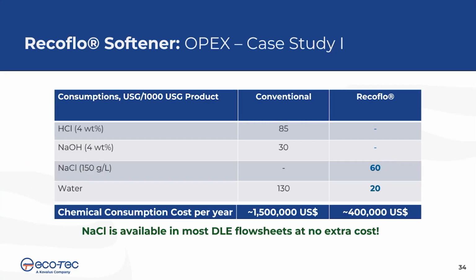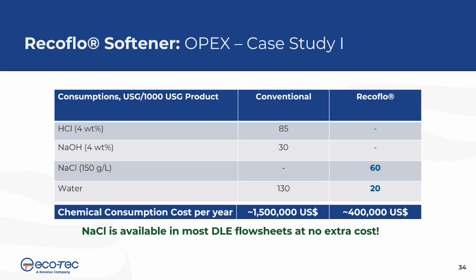Here are two examples of consumption and cost cases. In these two cases, all chemical requirements are normalized per 1,000 US gallons of product. In both cases, the conventional softener approach relies on acid and caustic, while for the Recoflo softener, only sodium chloride is required. In case 1, the conventional system uses 85 US gallons of hydrochloric acid and 30 US gallons of sodium hydroxide. It requires 130 US gallons of water to wash the bed before the next cycle.